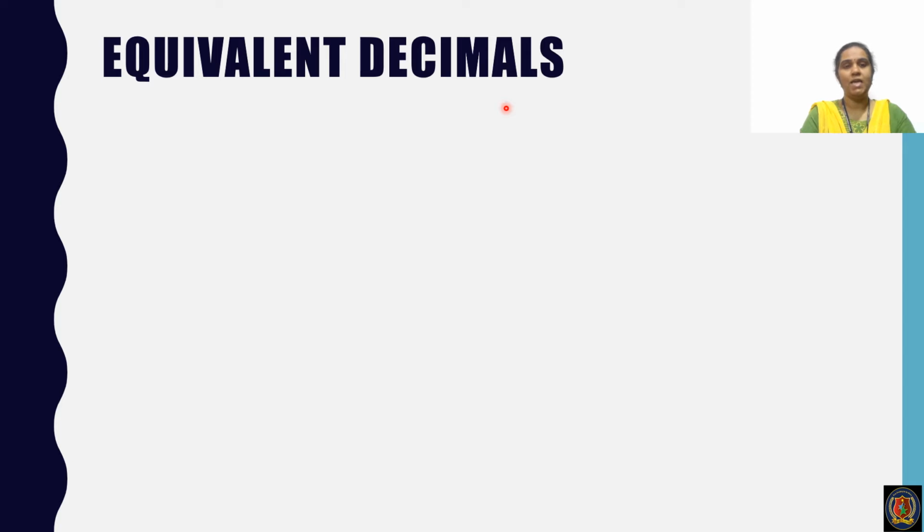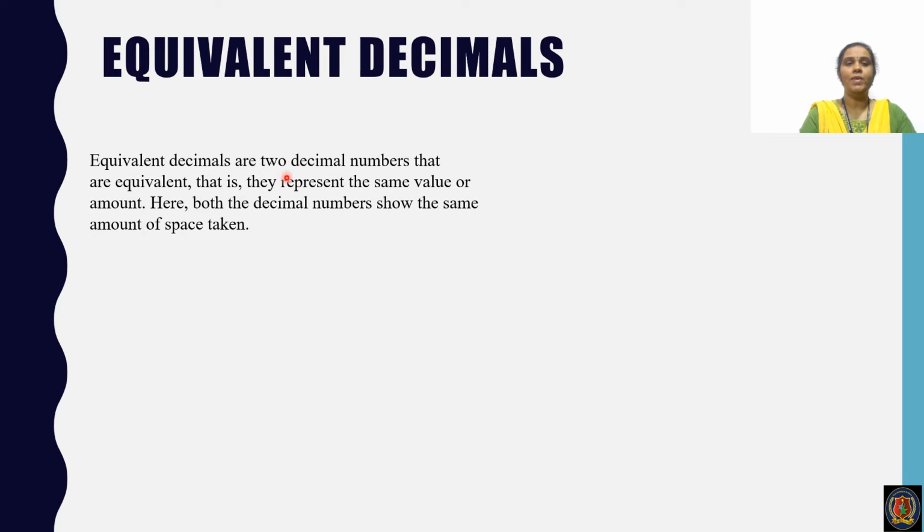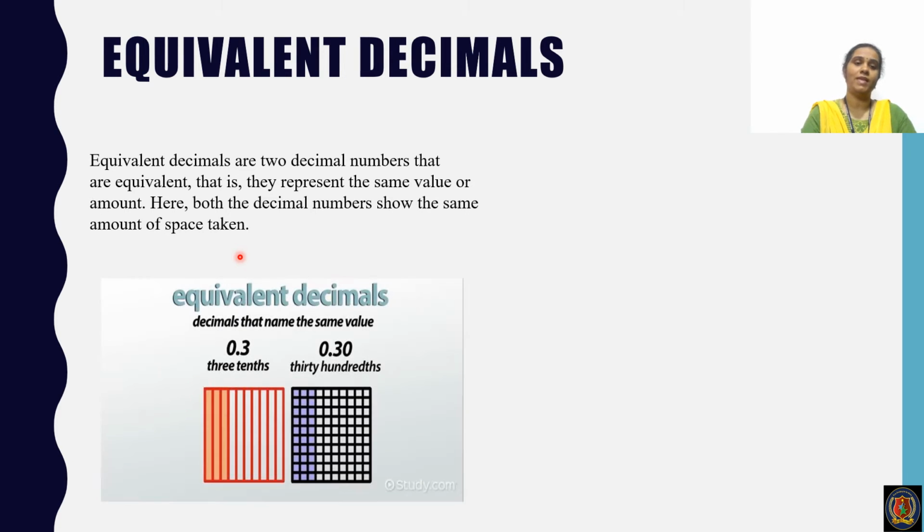Now we are going to see about equivalent decimals. Equivalent means equal, same. So, equivalent decimals are two decimal numbers that represent the same value or amount. Though the two decimal numbers look different, the value will be the same. Let us see one example.